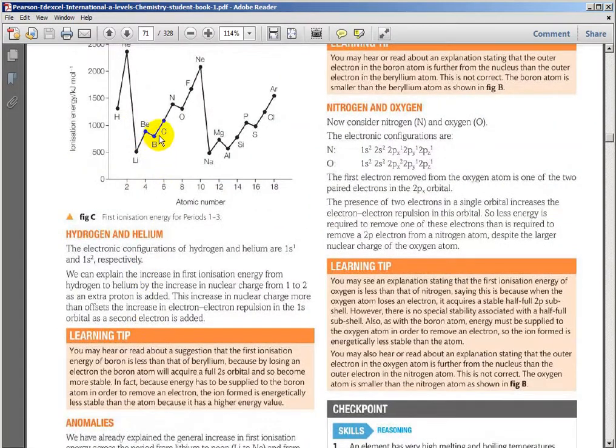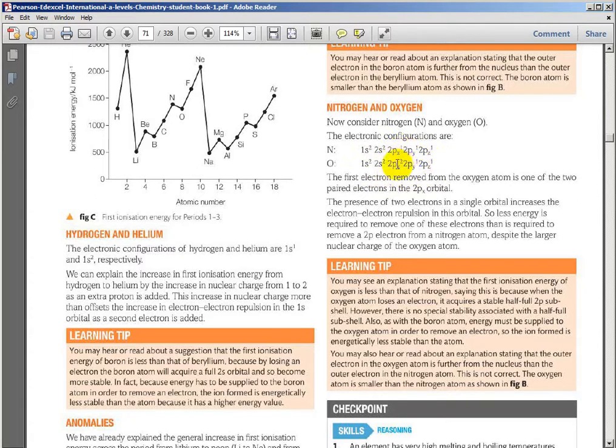Again ionization energy increases from carbon to nitrogen, but between nitrogen and oxygen there is an anomaly. Nitrogen has 7 electrons: 1s2 2s2 2p3, with 3 electrons in the outer 2p orbital.